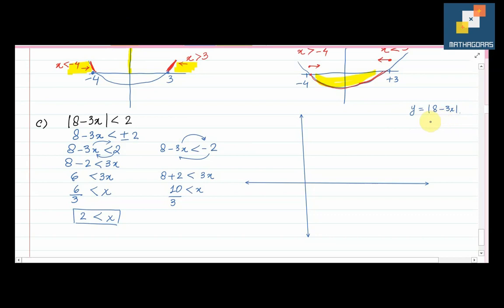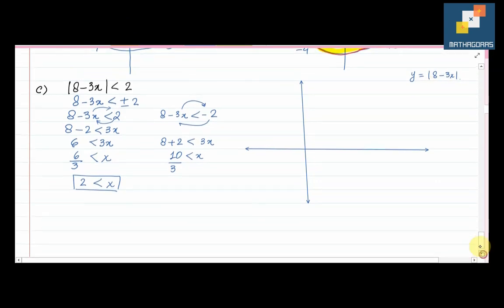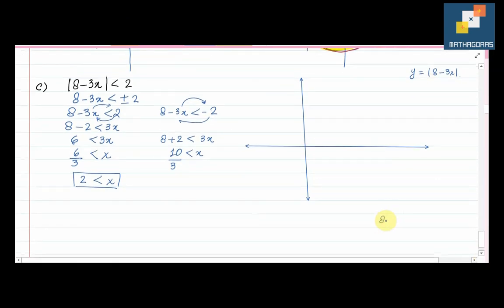You can find it by simply equating this expression to 0. So 8 minus 3x equals 0, 8 equals 3x, and x equals 8 upon 3. That means when you place x equals 8 upon 3, the value of y is 0. So you got your first point, 8 divided by 3 comma 0.